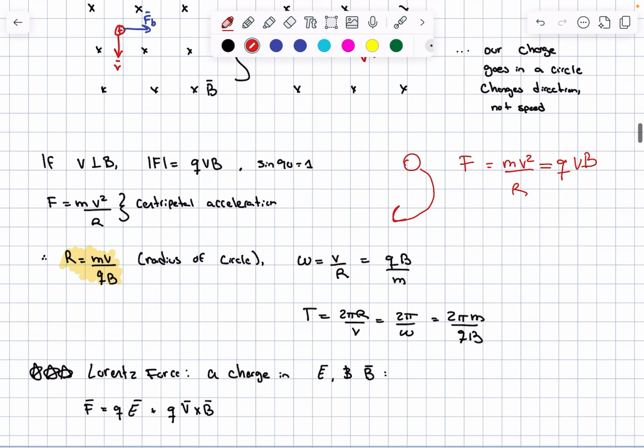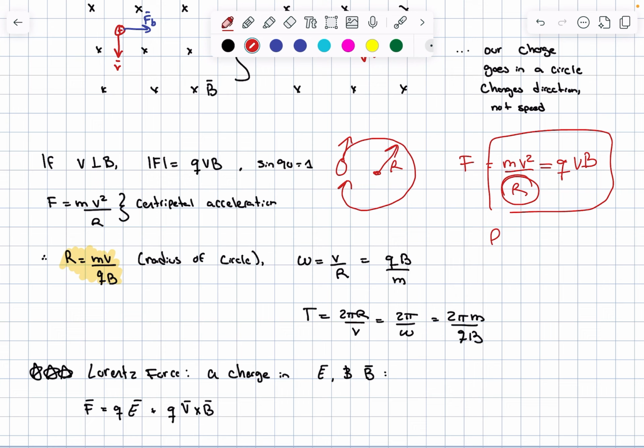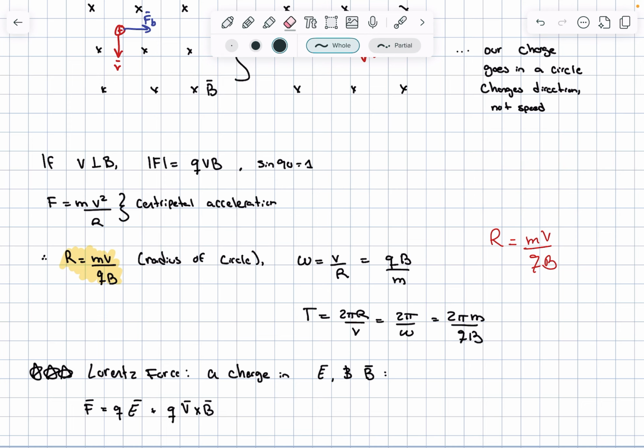So then we can figure out what is the radius that our particle moves within. So if I have my particle here, it starts moving in this circle, and that circle has a radius r. To find the radius, we just solve this equation here, and we see that r is equal to mv divided by q times b, like this. We can also talk about a couple of other things.